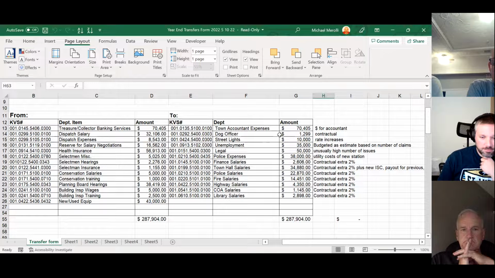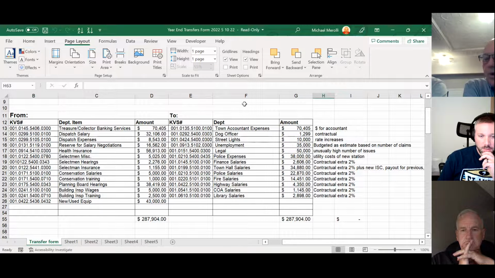So you've got everything on the left, cumulatively 287,904 is the amount we're taking out of each one of those department items on the left. And then cumulatively 287,904 is how much is being moved into all of the individual accounts on the right. And again, we're going from treasurer collective banking services to town accountant expenses, basically from the income side to accountant expenses, because those are the costs, because we don't have a town accountant, we pay a contractor.